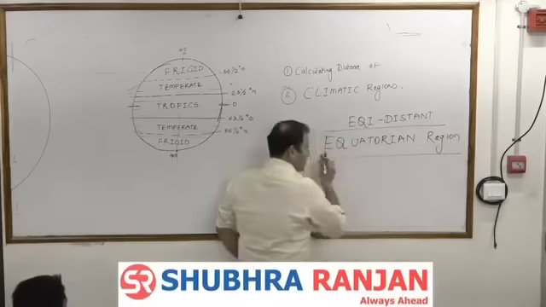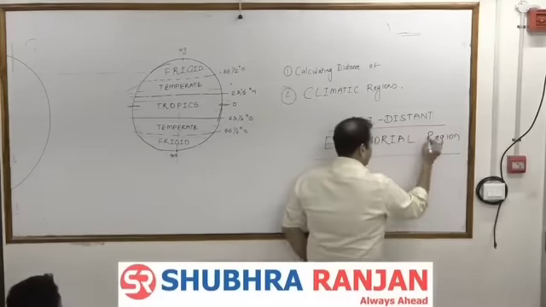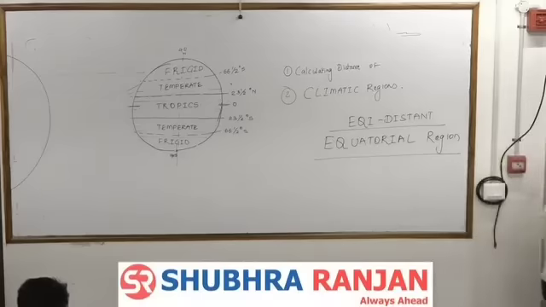Equator and equatorial region are different. The equatorial region is 10 degree north to 10 degree south.